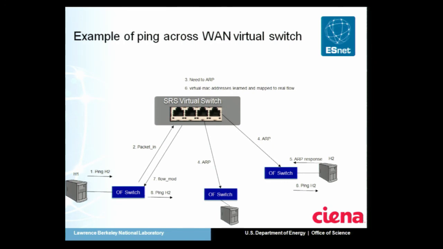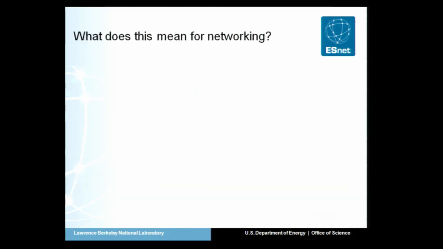And then you can see the ARP response come, and then the flow entry is put on the OpenFlow switch, and the ping happens end to end. So you can see how easily we go from a physical implementation to the virtual switch implementation. Next slide.